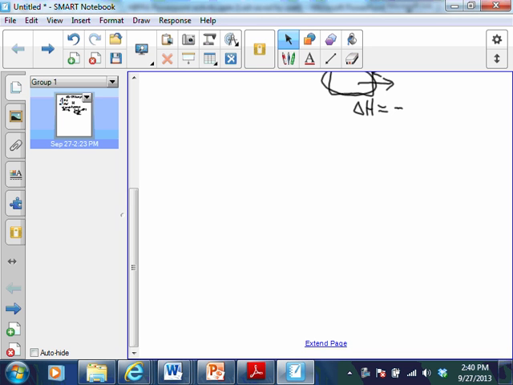Indicate the sign of the enthalpy change delta H in each of the following processes carried out under atmospheric pressure and indicate whether the process is endothermic or exothermic. Now, why did they say that little part about carried out under atmospheric pressure? Because at constant pressure, delta H equals Q, right? Okay, so the heat equals the delta H at that point.